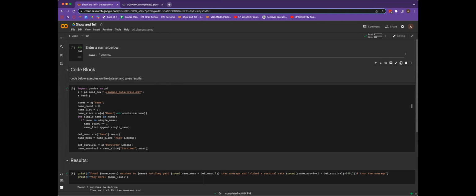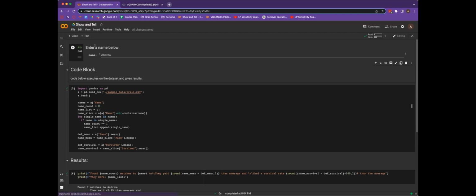So if there's a model that you want to run that is going to be particularly intensive on your computer, you can always try to run it on Google's hardware, right? And it's also collaborative as well. So if you really have to work with a team, then this is a good solution for having a collaborative space to all contribute code.